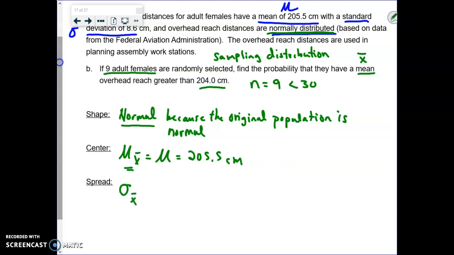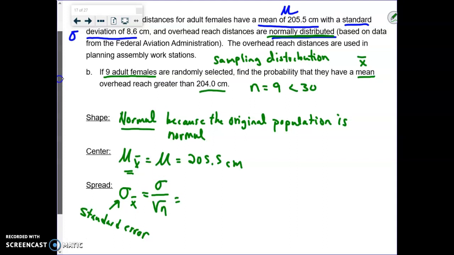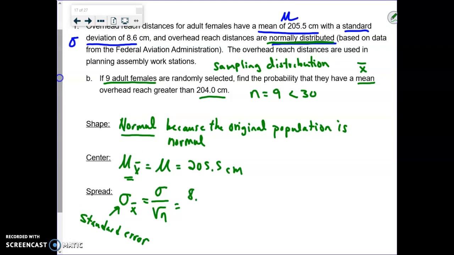The standard error, we call this, is equal to the population standard deviation divided by the square root of the sample size, because remember, larger samples make our distribution narrower. Our original population standard deviation was 8.6 centimeters.